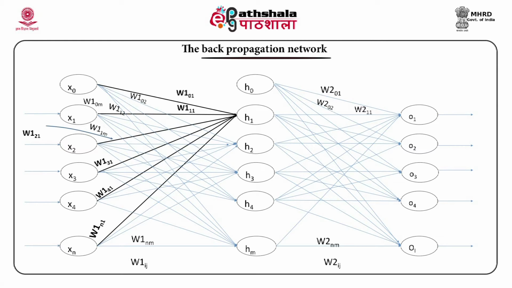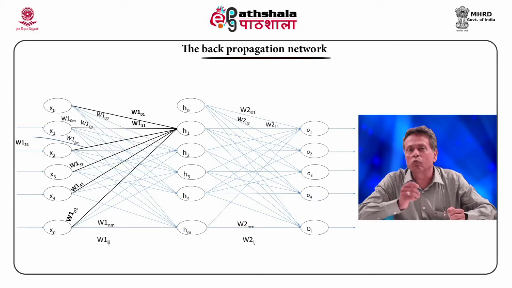Now, there are two different sets of weights. In other words, there are 3 layers of inputs, but 2 layers of weights. So, the first layer of weight is called W1, the second layer of weight is called W2. W1 prefixes all weights of the first layer. The value which comes next, the suffix 01, indicates which input unit to which output unit.